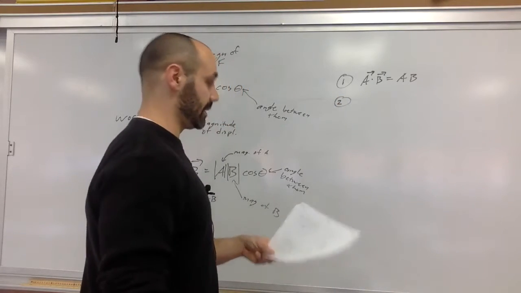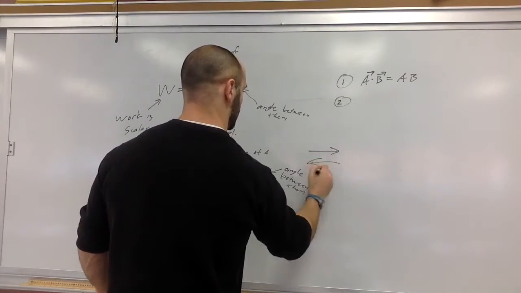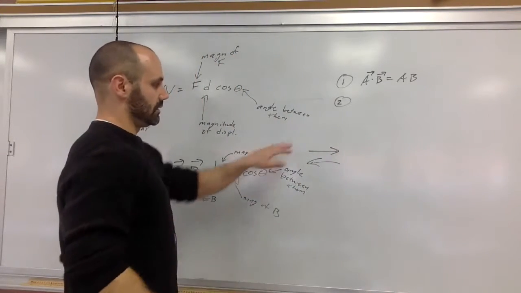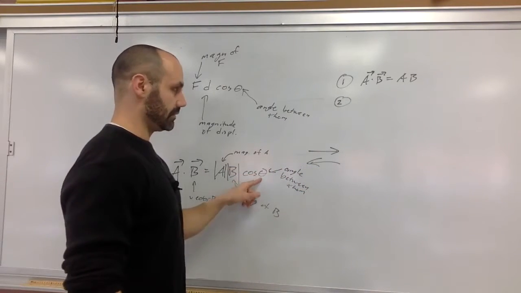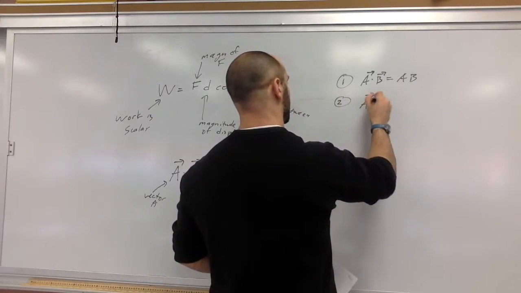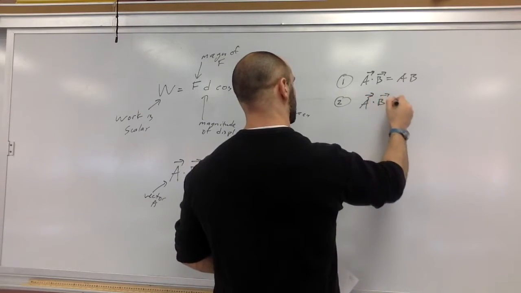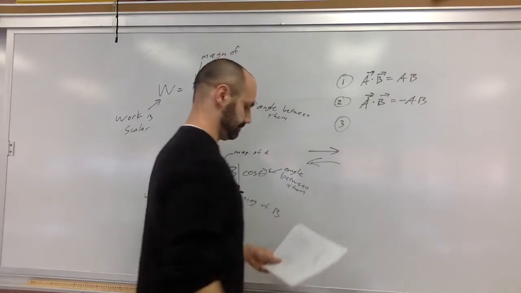What if they are anti-parallel? Well, if they're anti-parallel, that means they're like this. Right, one's in one direction, one's the other. The angle between these is 180 degrees. What's cosine of 180 degrees? -1. So in that case, if they are anti-parallel, then it's negative the product of the magnitudes.